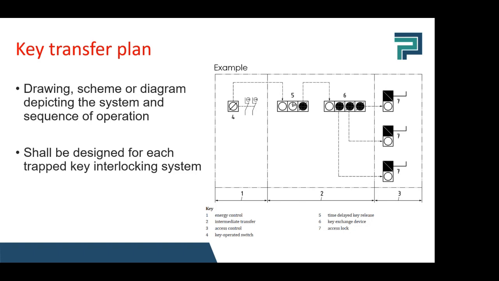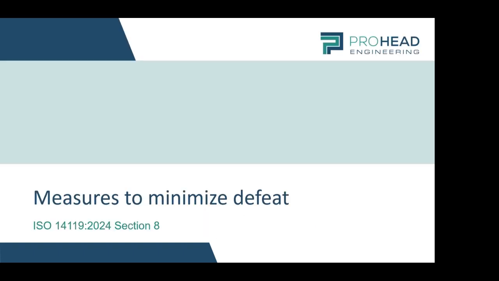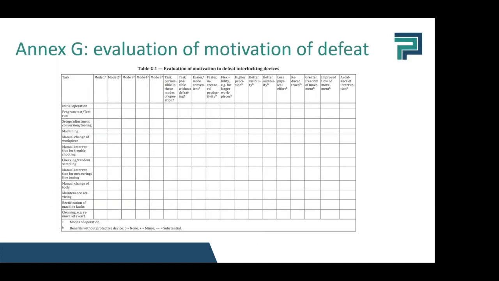Now, the standard also talks a lot about measures to minimize defeat of interlocking devices, because experience has shown that this happens a lot, that interlocking devices are defeated. So in the standard, there is an annex with a table, and you can use this to evaluate if there is a motivation to defeat.